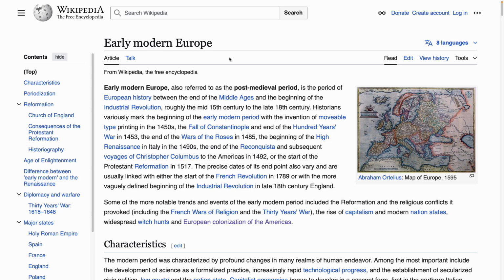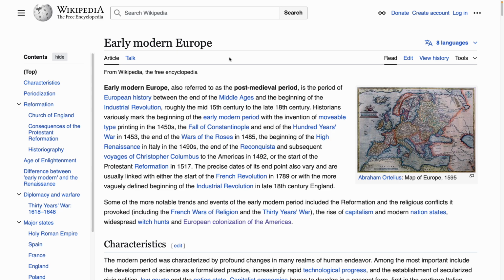The end of the Wars of the Roses in 1485, and the beginning of the High Renaissance in Italy in the 1490s, the end of the Reconquista and the subsequent voyages of Christopher Columbus to the Americas in 1492, or the start of the Protestant Reformation in 1517. So this cluster of events marks the beginning of the early modern period. So there's a bunch there.